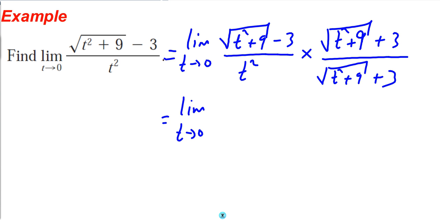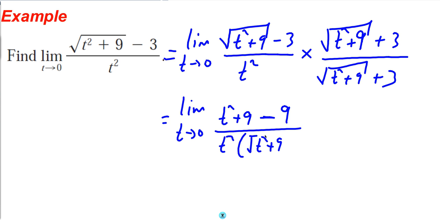The numerator will just be the square root of t squared plus 9, squared, minus 3 squared, which is t squared plus 9 minus 9, divided by the denominator, t squared times square root of t squared plus 9 plus 3.